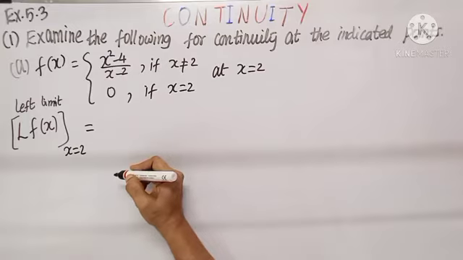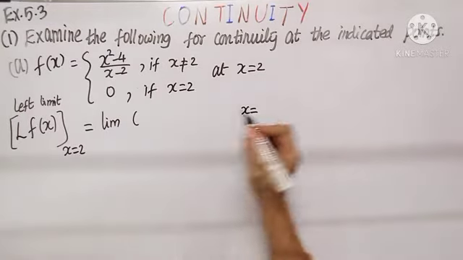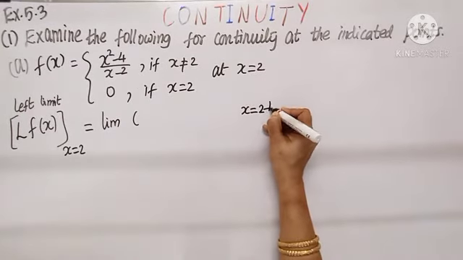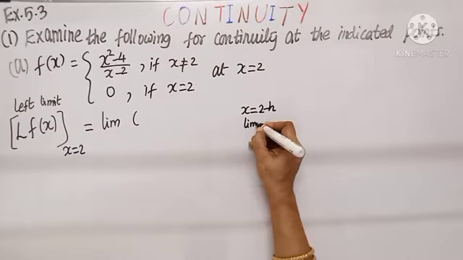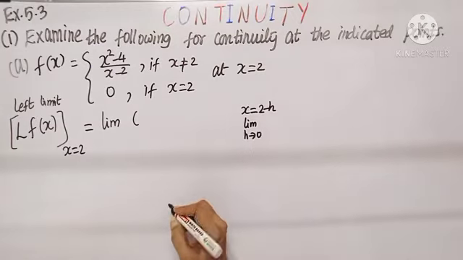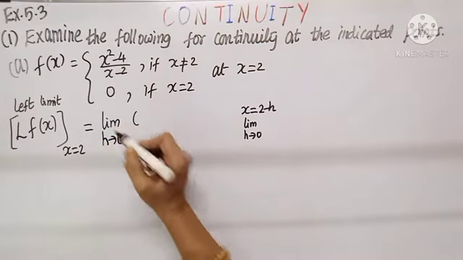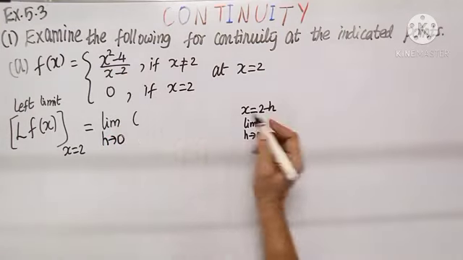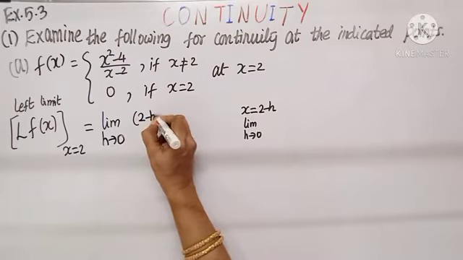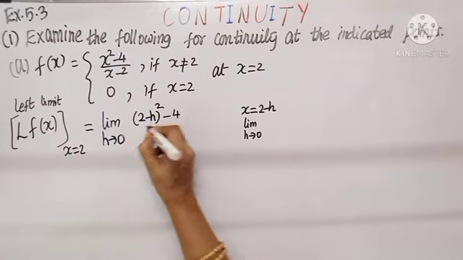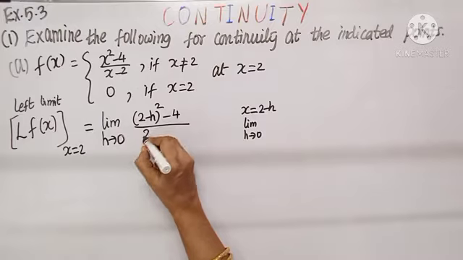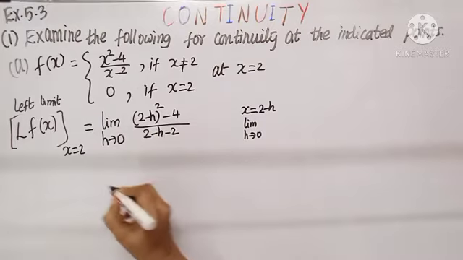The word L f of x implies left limit at the point x is equal to 2. What should I do? Wherever x is coming, put 2 minus h, limit h tends to 0. So I will write limit h tends to 0 of 2 minus h the whole square minus 4 by 2 minus h minus 2.